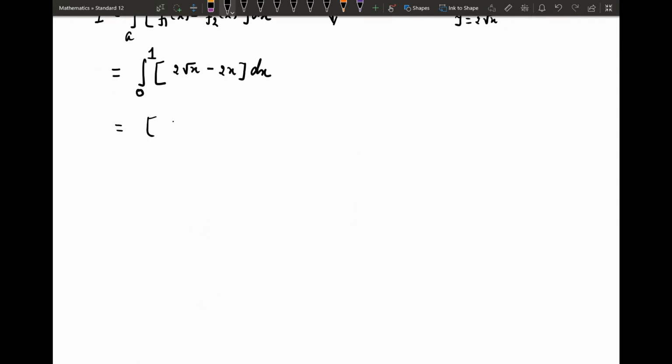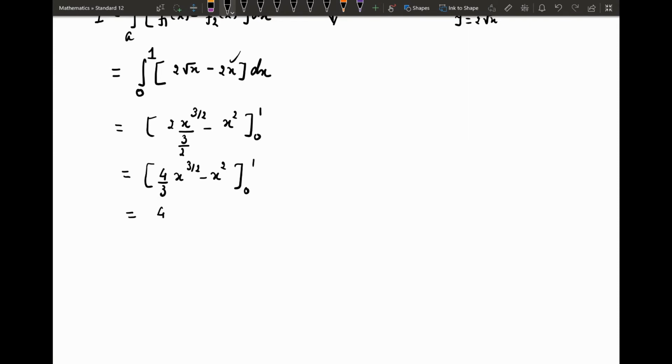So now this is x raised to 3 by 2 upon 3 by 2, minus x square, limit 0 to 1. Integration of 2x is x square by 2, so the 2 cancels. So this is 4 by 3 x raised to 3 by 2 minus x square, limit 0 to 1.